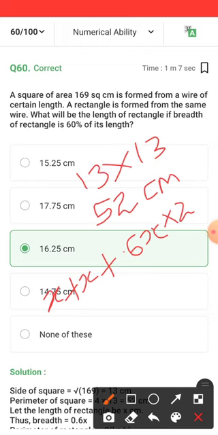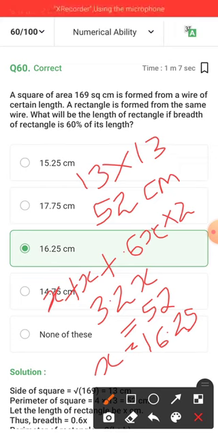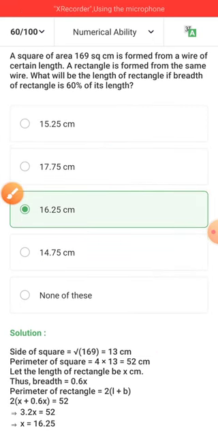So we get 2x plus 1.2x, 3.2x, which is equal to 52. When we divide, we get x equal to 16.25. So this is the answer.